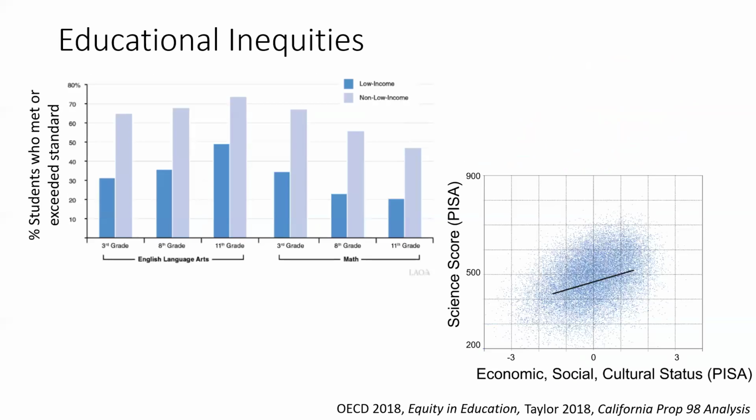It's easy to look at these data and think, oh, wow, K-12, huge problems, right? This is a them problem, not an us problem. Look at those inequities. Yeah, one is that low income scores lower.